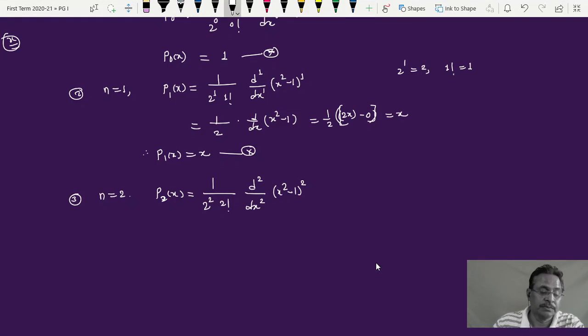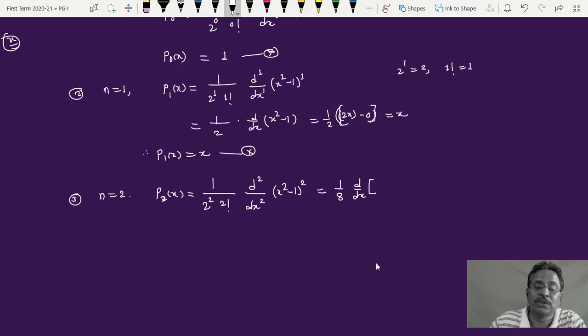Solve this. Now 2 raised to 2 is 4, into 2 factorial is 2, that gives me 1 upon 8. Now d square upon dx square is d by dx of d by dx of.